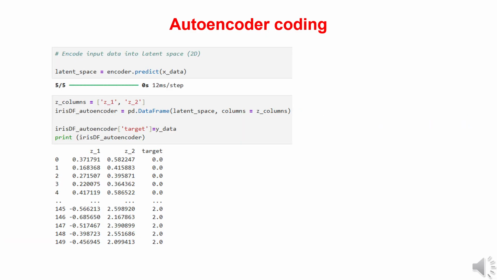Next, we use the trained encoder to reduce X data into 2-dimensional latent vectors. We name these 2 latent vectors Z1 and Z2 and add a column called target containing the actual species from Y data. This gives us a dataset that includes the 2 reduced latent vector values along with their corresponding species, like this.